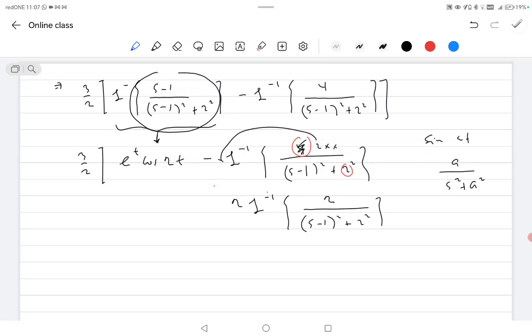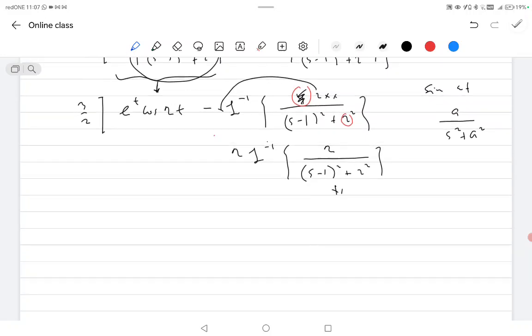So this one will become sine 2t, and with the 2 here, so 2 sine 2t, and then we add this one, 3 over 2 e to the power of t cos 2t, minus this one.